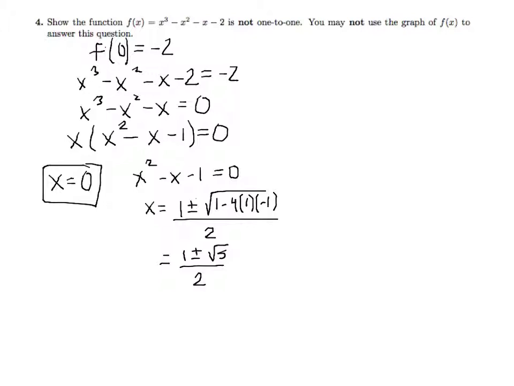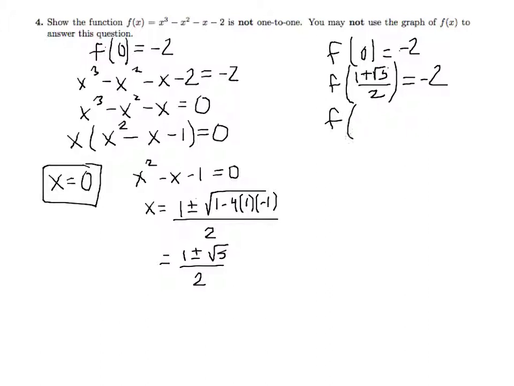So we know that f of 0 equals negative 2. F of 1 plus root 5 divided by 2 equals negative 2. And f of 1 minus root 5 divided by 2 equals negative 2. So this function is not 1-to-1.